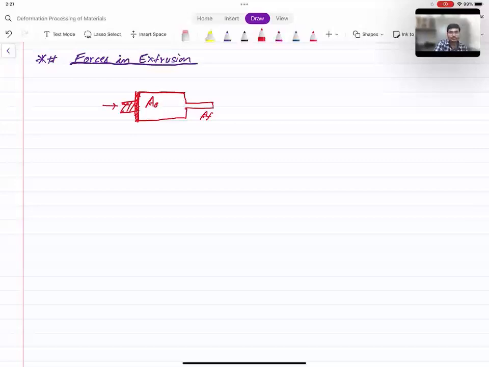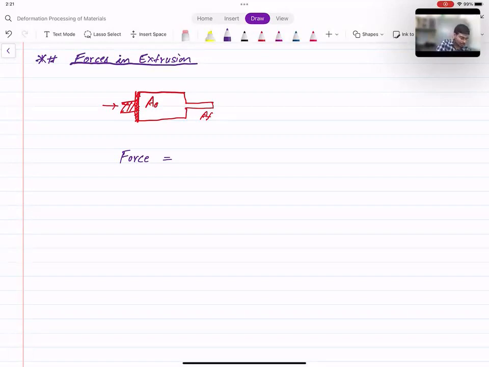In this case, the force is given as stress multiplied by area. In this particular case of extrusion, we need to consider the reduction in cross-sectional area, so true strain also gets multiplied here.